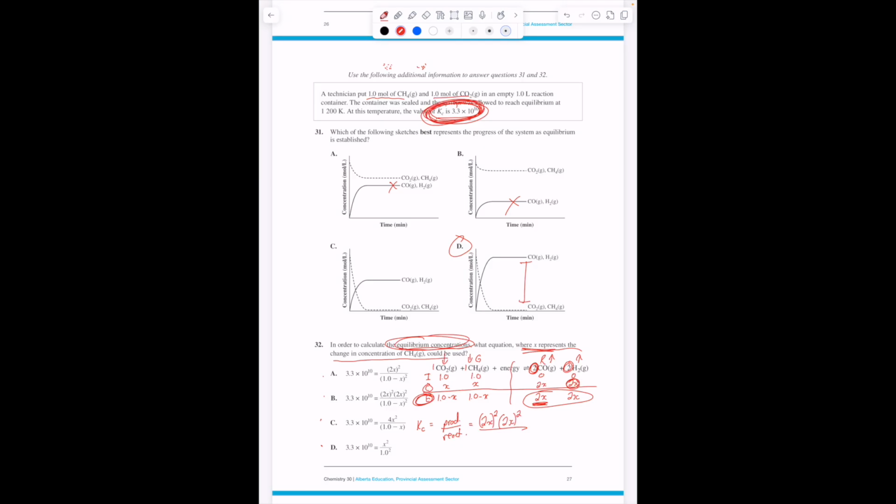And on the other side, I have 1.0 minus x, and that happens twice, so that's squared. And we can ignore minus x eventually and all that, right? But looks like my answer is B. 3.3 times 10 to the negative 10, which they gave us, equals 2x squared, 1.0 minus x. Yeah, B. Sheesh, this is a long one.